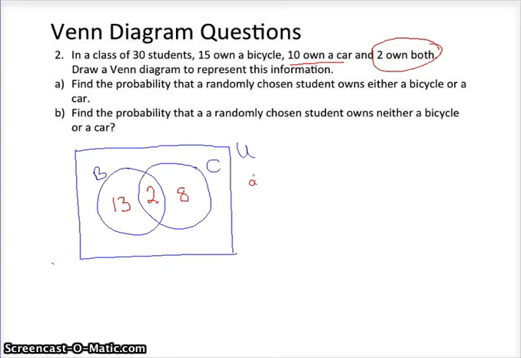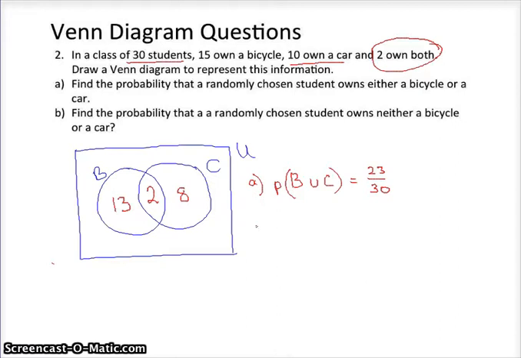So, question A, a randomly chosen student owns either a bicycle or a car. So this is the probability of bicycle union car, which is, we just simply add up all those numbers. 13 plus 2 plus 8 is 23 over 30, because there's 30 students in total.